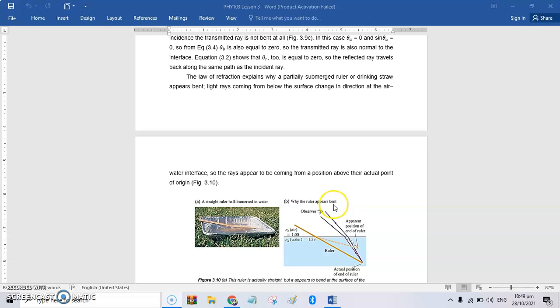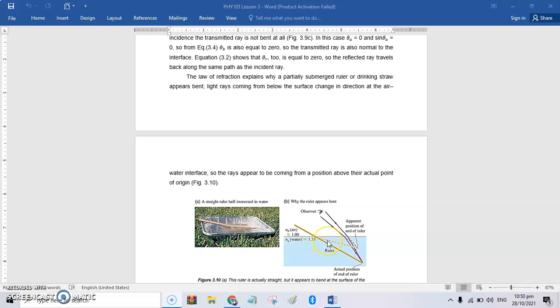Why does the ruler appear bent? When we see it from our point of sight, the ruler is slightly bent. Okay? Because our NA is 1.33 and NB is air, which is again 1. Air always has an index of refraction equal to 1, and NA is larger.